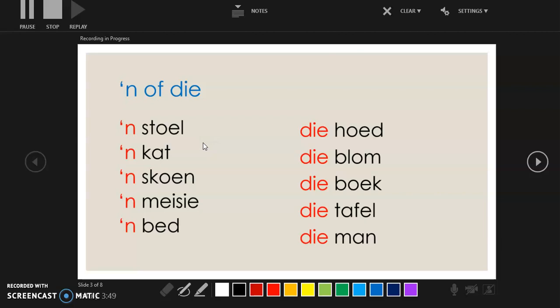So, wanneer jy 'n selfstandige naamwoord het, kan jy in die meeste gevalle die woord 'n of die vooraan sit. Goed, nou, kom ons gaan kyk na die volgende skyfie.